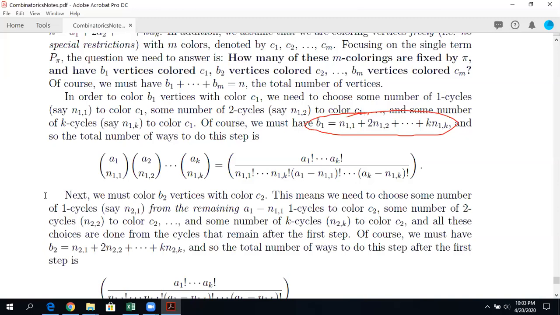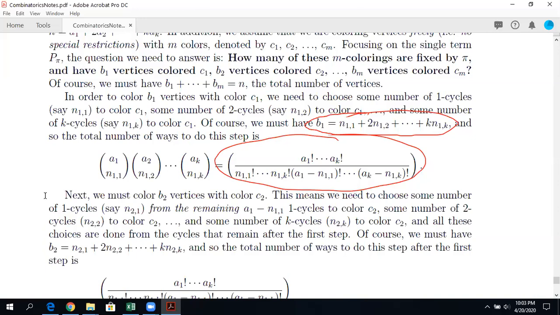And I'm telling you that last equality right here is just me writing out the formula in terms of factorials. A1 factorial dot dot dot through AK factorial upstairs. I have a bunch of N11 factorial dot dot dot N1K factorial, and then of course I have A1 minus those things factorial, or Ai minus those things factorial downstairs also.